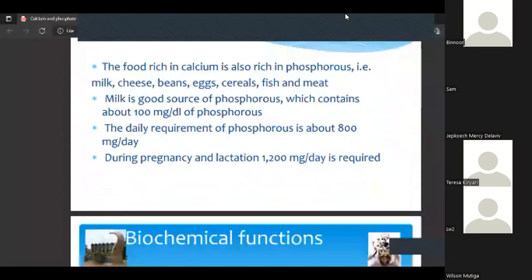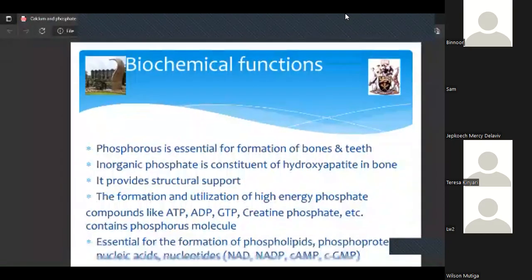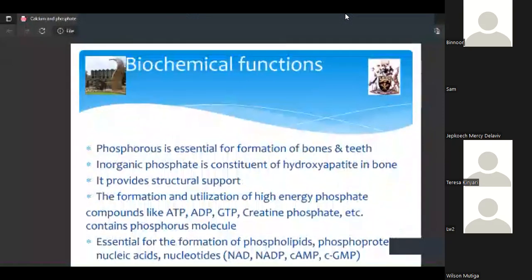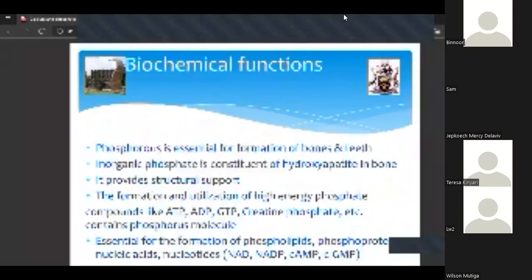What are the functions? Phosphorus is essential for bone and teeth formation, and in its inorganic form, it constitutes the hydroxyapatite in the bone, and it provides an energy source.